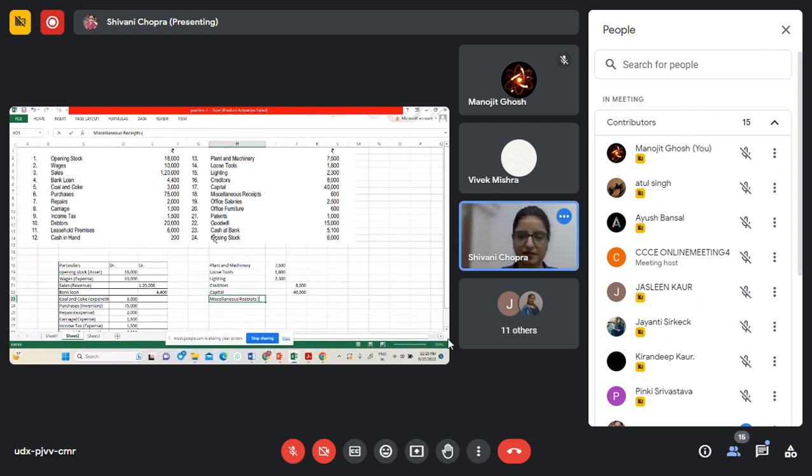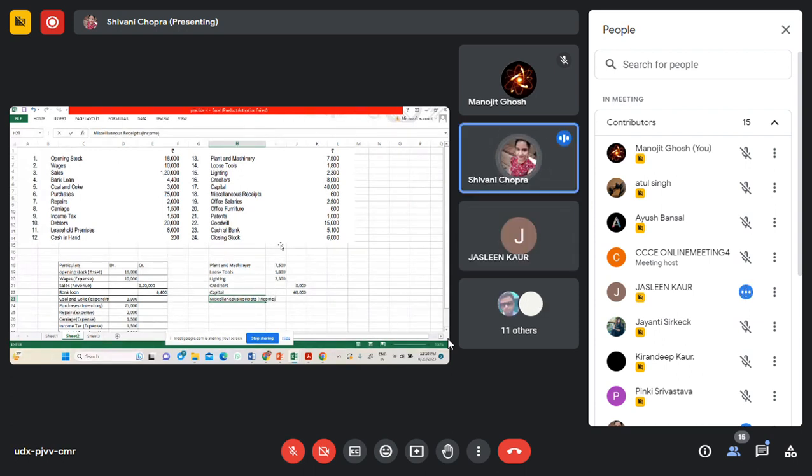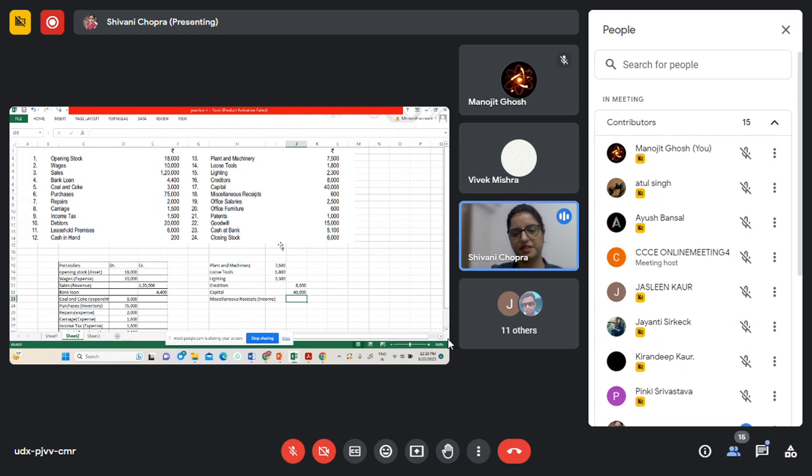Miscellaneous receipts, asset or liability? Asset. Asset, income. Income becomes revenue. Receipts, you're receiving some sort of income. It's a revenue, it will have a natural balance.